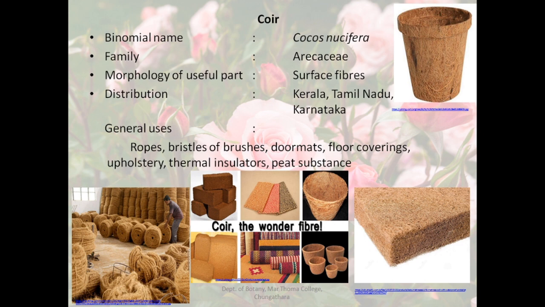The major uses of the fibers obtained from coir are preparation of brushes, doormats, ropes, floor coverings, upholstery, thermal insulators, mattresses, organic pots, bedding material, packing materials, etc. These days, coco peat is normally used for planting young seedlings so that they can be provided with constant supply of moisture and nutrients.